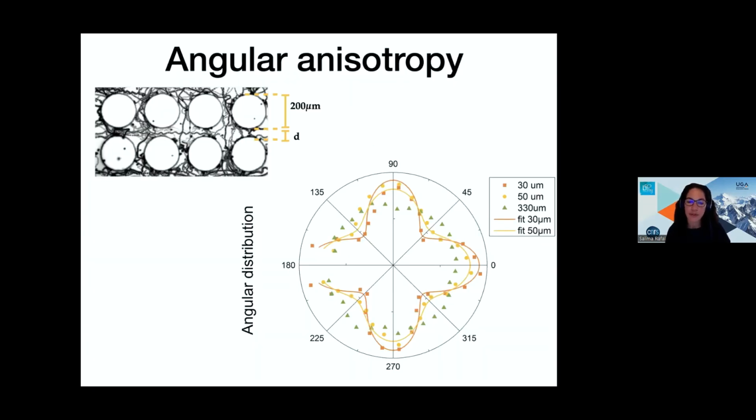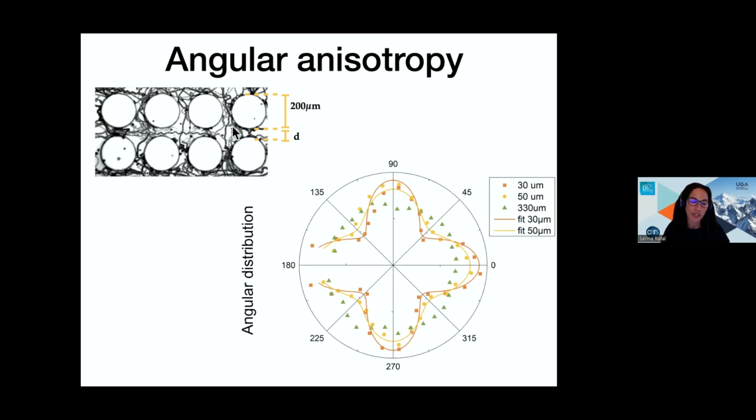The first observation we made is that the orientation of the trajectories is not isotropic. In particular, what we can see is that there are more abundant trajectories in the directions of the alleys between the pillars than at 45 degrees here.